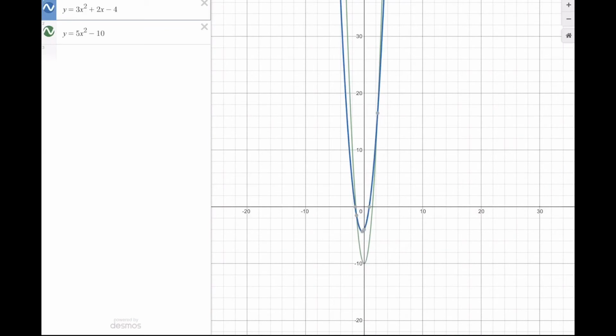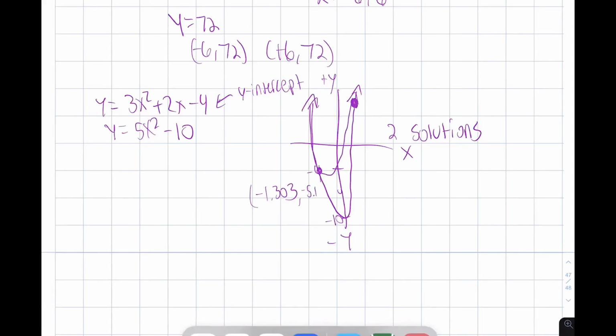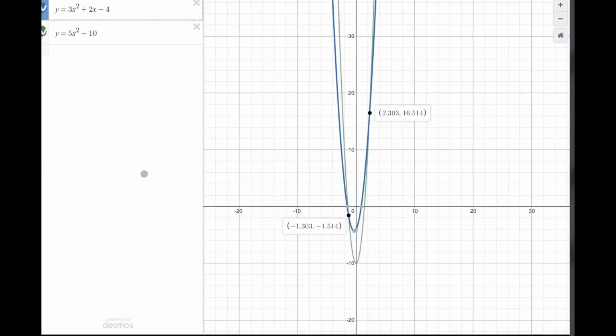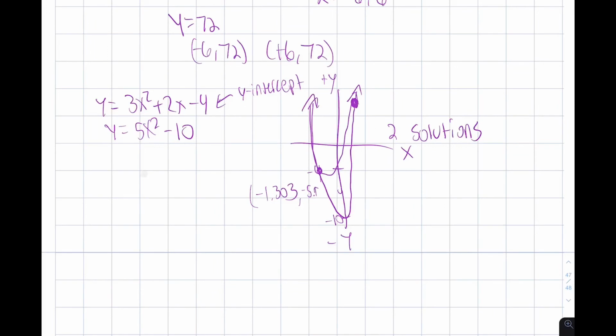So let me scroll out so that way I can see both of these solutions on the same screen. If I touch, Desmos.com already highlights the important parts of the graph. And those are the 2 points. Negative 1.303, 514. Let me see if I can copy this. Nope, can't. So this is negative 1.303, comma, negative 5.14.